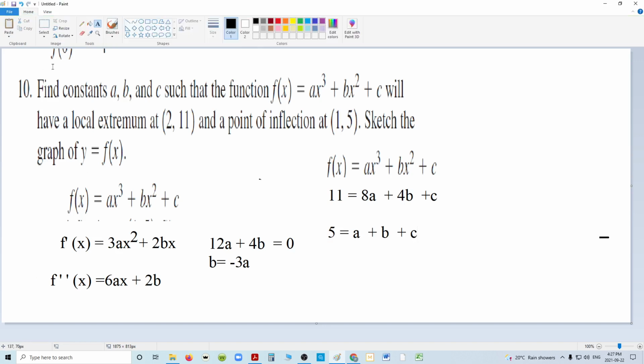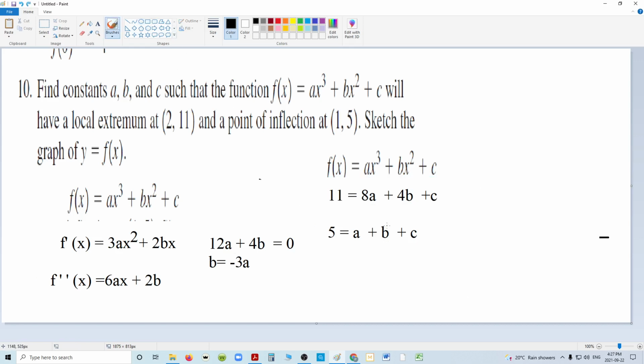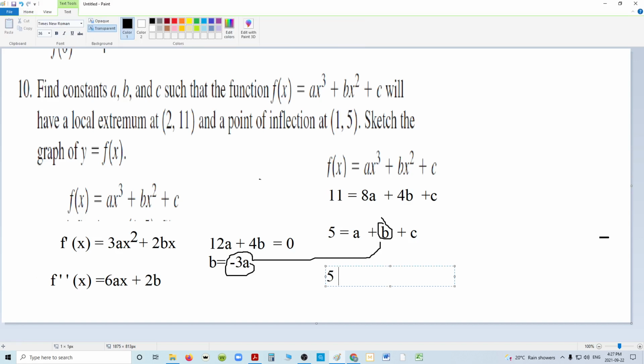We now have 3 equations: one for b here, one for all 3, and one for all 3. So our first step is going to be, wherever I see b here, I'm simply going to put in minus 3a. So I get 5 is equal to a minus 3a plus c, which means that c is equal to 5 plus 2a.